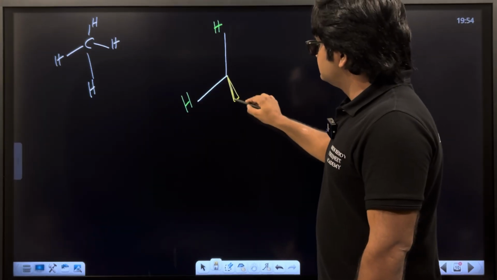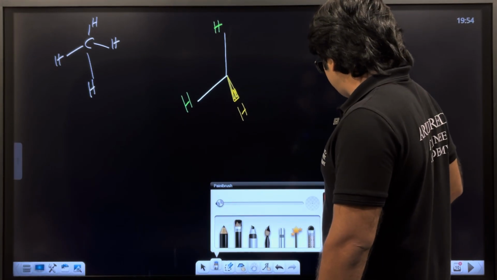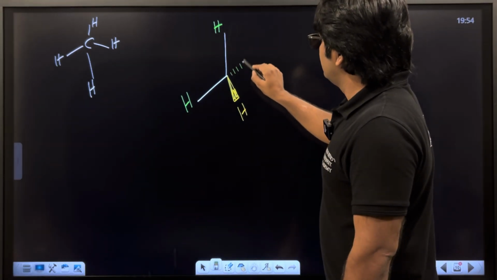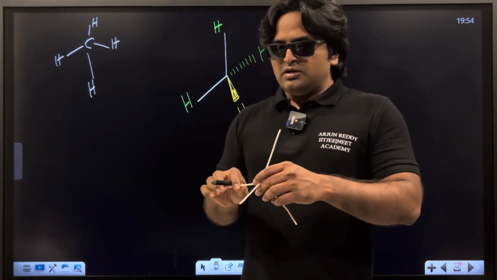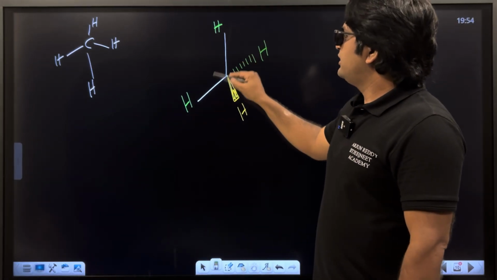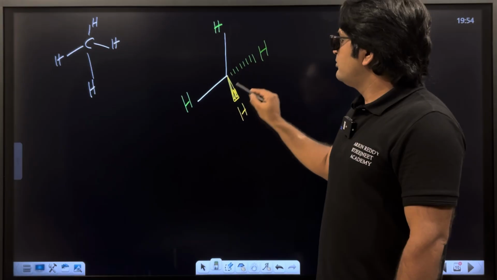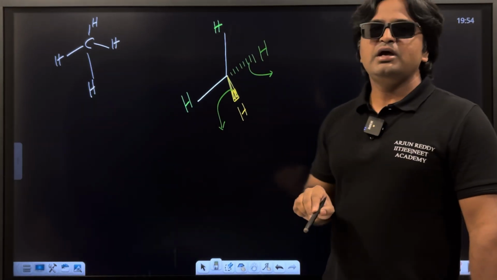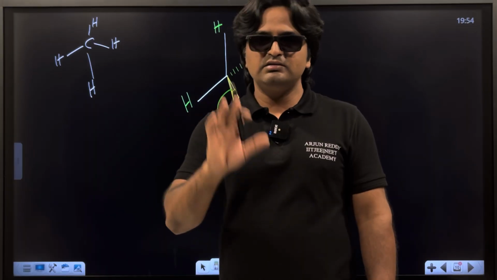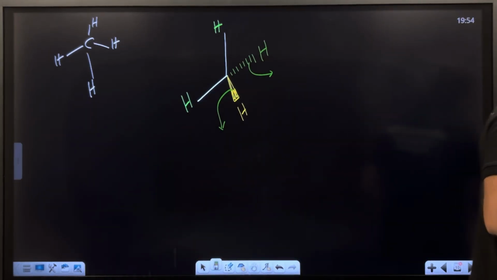One bond is nearer to the observer, and the other bond is away from the observer. One hydrogen atom is away from the observer. So once again, two bonds are in plane and two bonds are out of plane. Out of the two bonds, one is nearer to the observer and one is away from the observer. That is the way of converting a 3D molecule onto the two-dimensional plane according to the wedge representation.